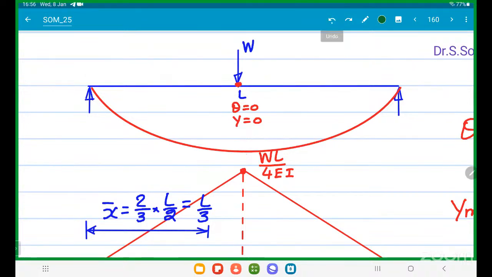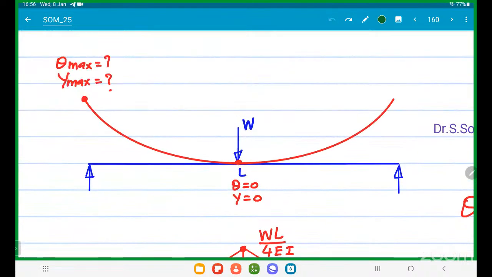We are following his instruction. Now tell me, for this deflection curve, slope equal to 0, deflection equal to 0 in this location. Slope is maximum, deflection is maximum in this location. Correct or not? Yes or no?